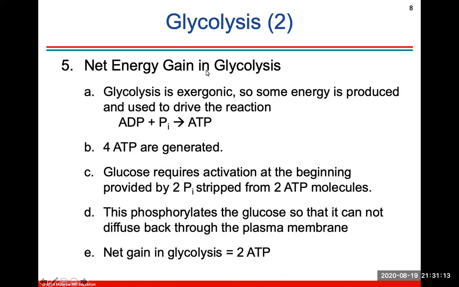The net energy gain in glycolysis is only 2 ATP, so it's not that much. 4 ATP are actually generated, but 2 ATP are required in the first step of glycolysis. So net gain in glycolysis is only 2 ATP. And again, this happens in the cytoplasm of cells.